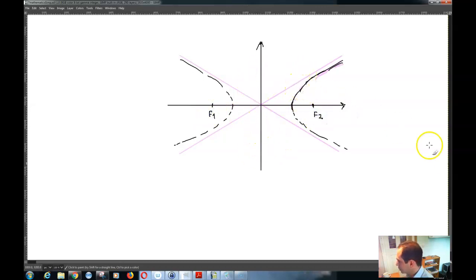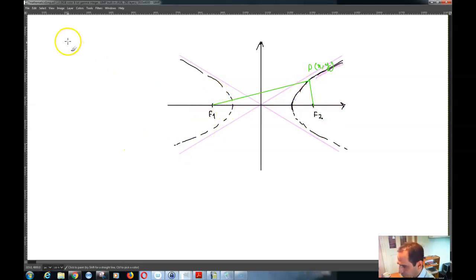Now, if I pick any point over here, for example P, with coordinates (x, y), we said that you will always have two foci. One of them is much farther away from P than the other, and the one which is farther away is F1.